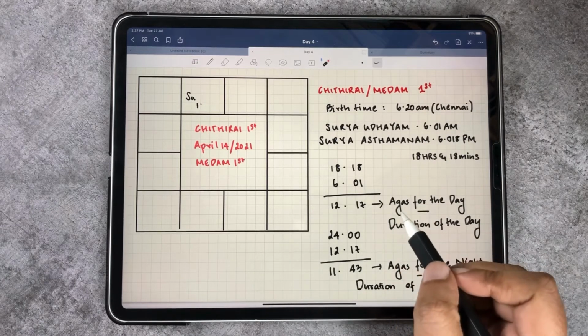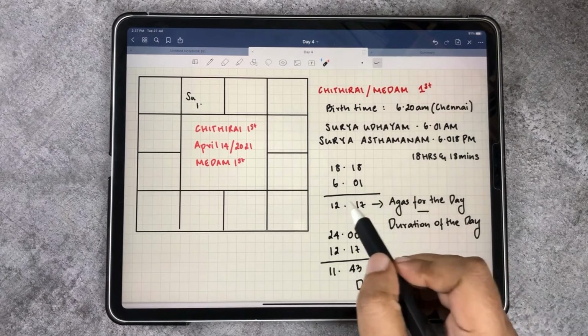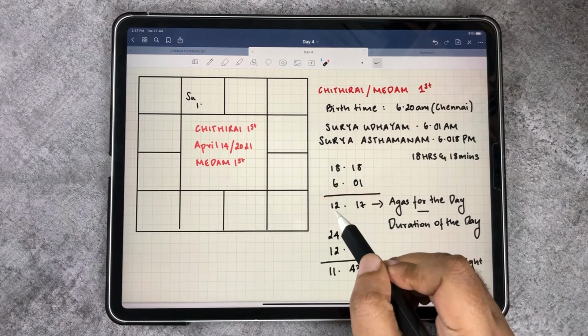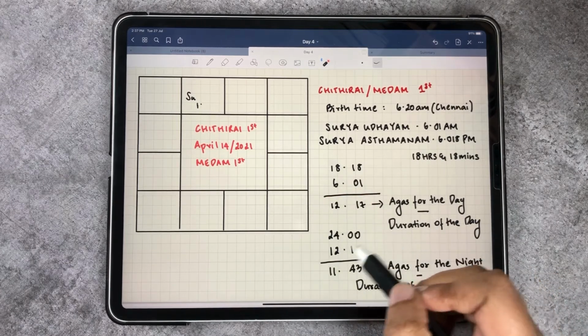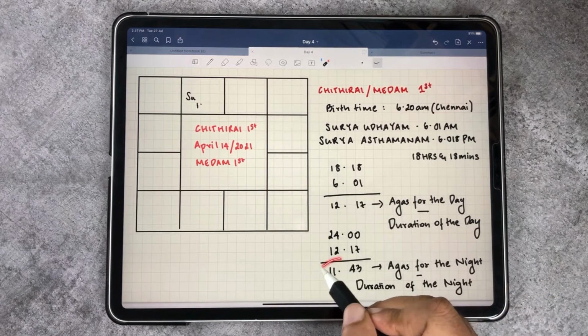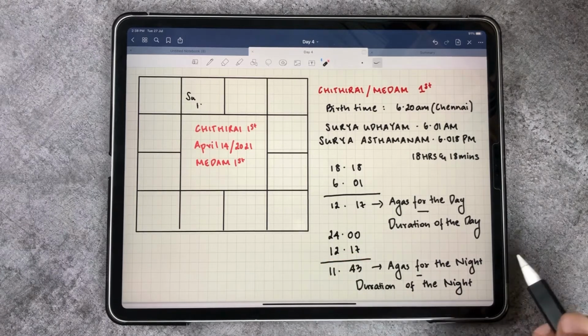So now you also need to keep this in mind that one set of lagnas will happen during the duration of the day. That is during this 12 hours 17 minutes from the Surya Udayam time, and the next set of lagnas for the 24 hours will happen post the Surya Astamanam, that is the 11 hours 43 minute period.